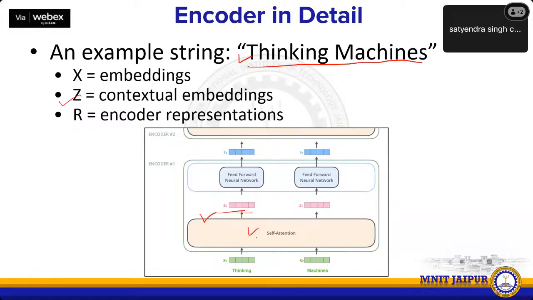Here, the self-attention mechanism, which we are going to see how it works, generates the contextual embedding, which contains the information about the semantic meaning and context of the words. This is passed through the feed-forward network, which gives you the encoder representation, which goes to the second layer, and the same process is repeated.